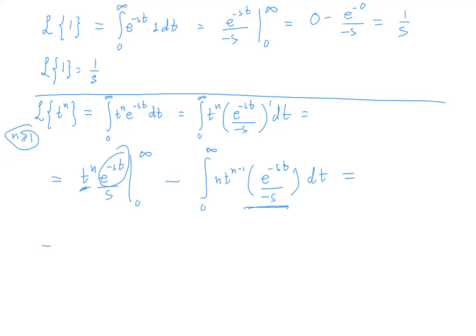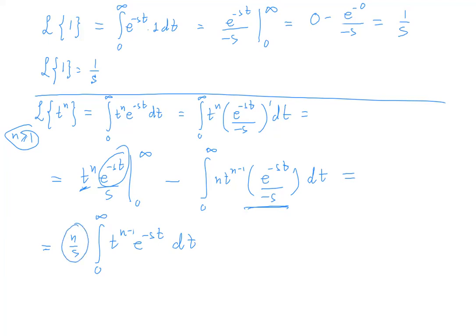And this part is going to be n/s times the integral from 0 to infinity of t to the n minus 1 e to the negative st dt. So you will find that with each power, you gain a factor like this.